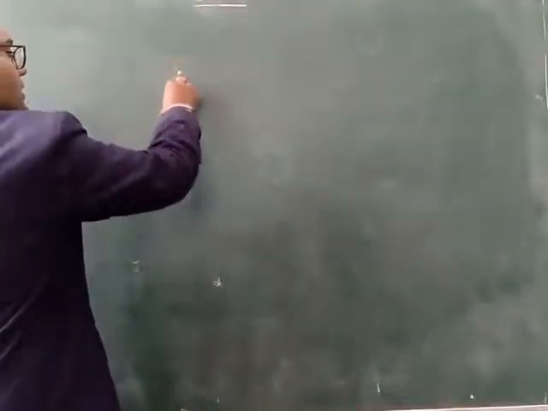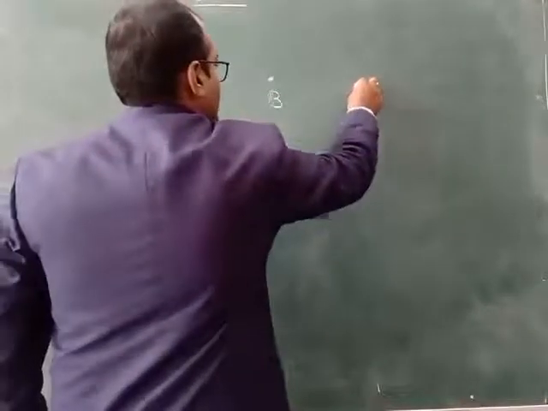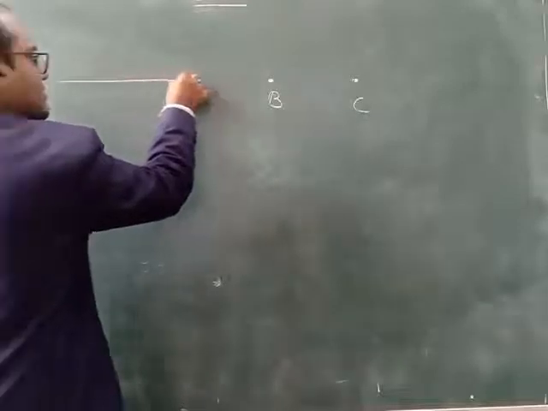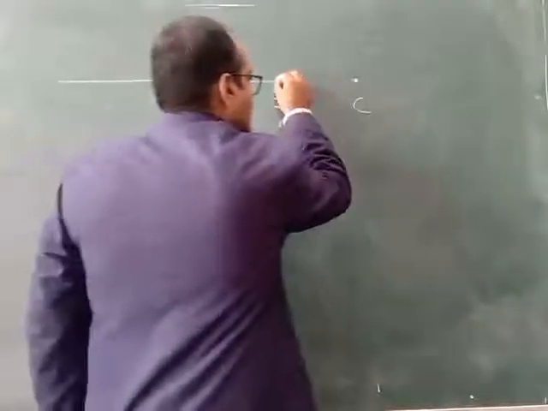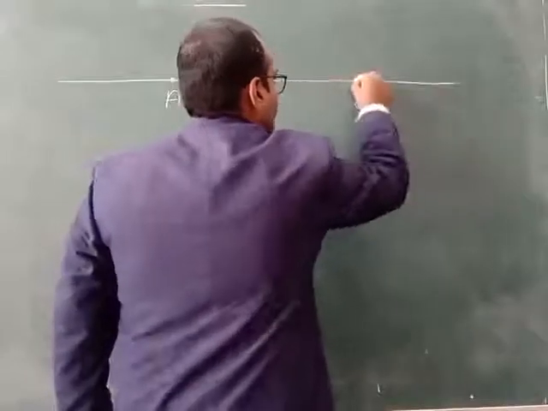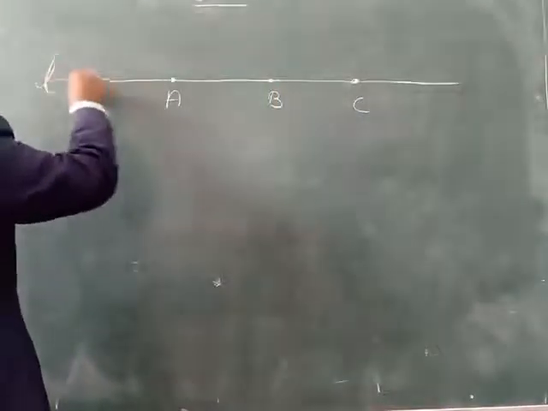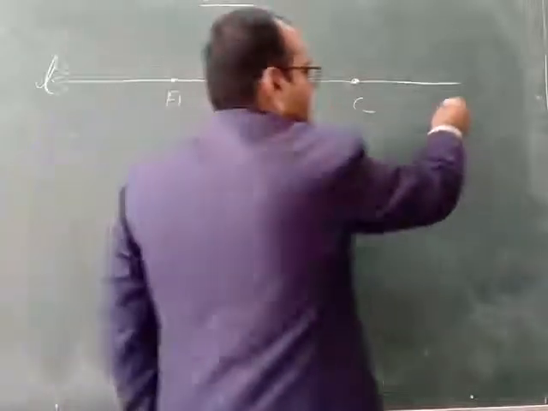This is point A, this is point B, and this is point C. One line is there, passing through A and B, and it is also passing through point C. The line L is passing through A, B as well as C.